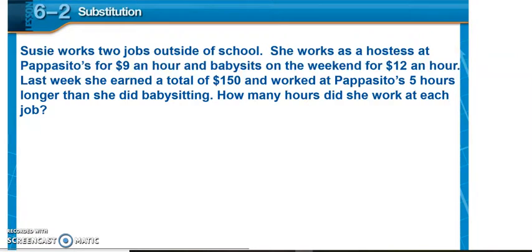All right, so there's two jobs. One is Pappasito's. So this is the amount of time, let's see, hours at Pappasito's. Okay, and then we also have another thing that we're looking at, babysitting.